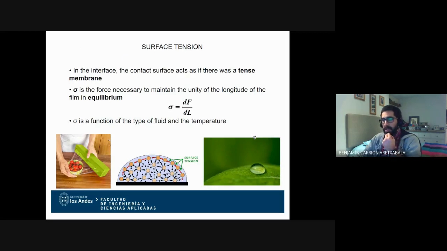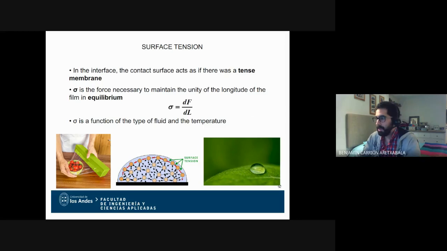So you can think of it as, for instance, here you're putting plastic wrap on top of a bowl, and the force that this plastic exerts on the contents of the bowl is similar to the surface tension. And like I said before, it is important that it is a force applied over a length and not an area.